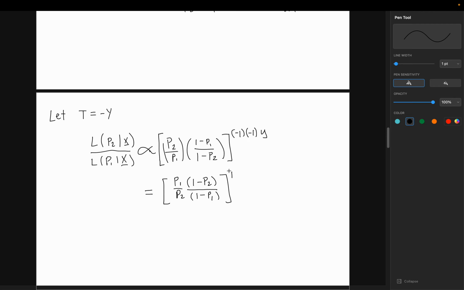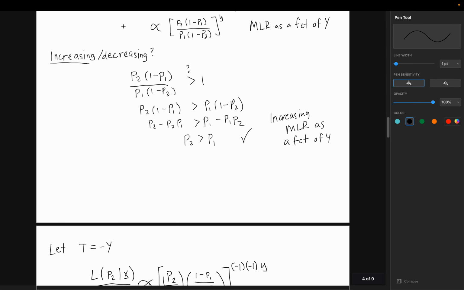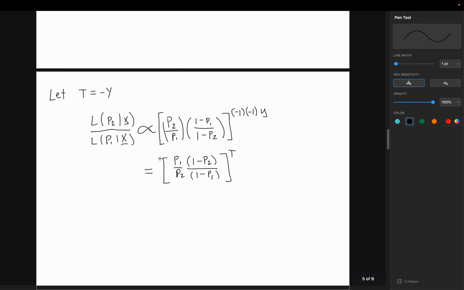Negative y is just equal to t. And then doing a very similar check to what I did just over here, I will end up seeing that I have a decreasing monotone likelihood ratio as a function of t.